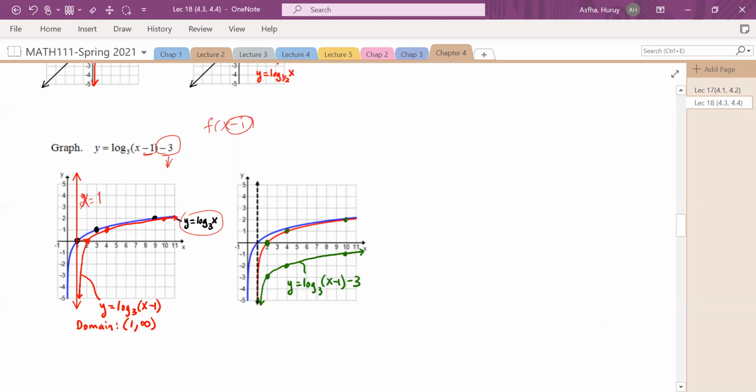So from the red one, we shift down 1, 2, 3. So every point will shift down by 3 units, and then finally we have this green line, and still the asymptote doesn't change. The asymptote is the line x equals 1. Okay.